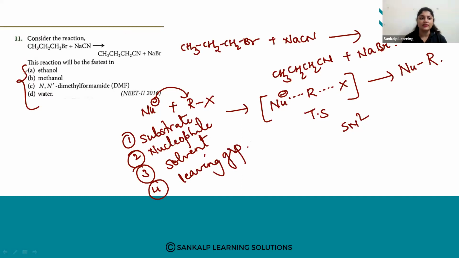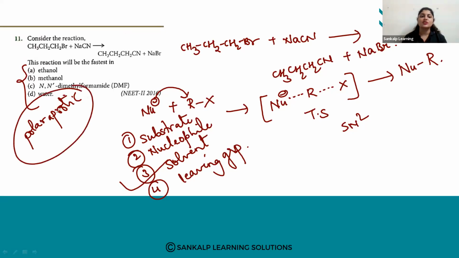Now here they have given the list of solvents. Which solvent do we make use of? We make use of a polar aprotic solvent. What are polar aprotic solvents? Solvents in which the hydrogen atom does not react in any of the reactions.